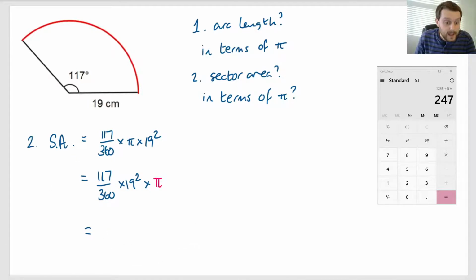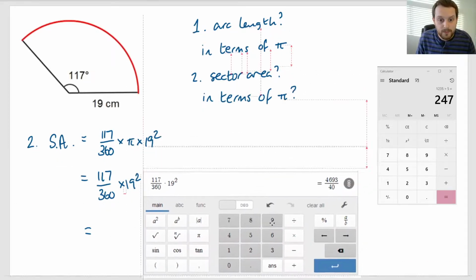Now if I go to desmos.com/scientific and type in 117 over 360 times 19 squared and then turn it into a fraction, it tells me straight away. Let me do a little screen cap of this for you. So this is from that website.